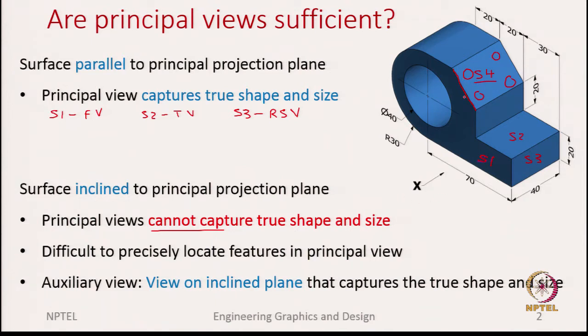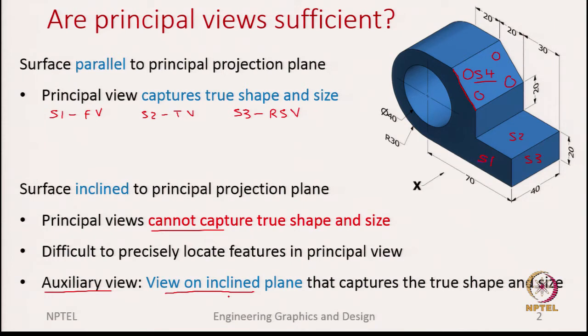Let us say you take a projection plane which is parallel to that, and then apply your basic orthographic projection, saying that the viewer is at infinite distance, looking right into the object, which means the projector lines are perpendicular to the projection plane and also perpendicular to the surface we are interested in.